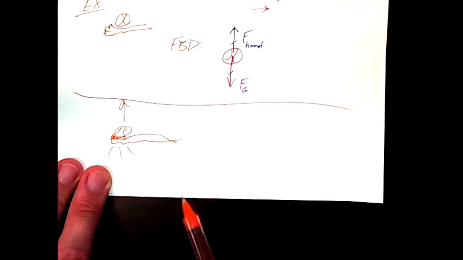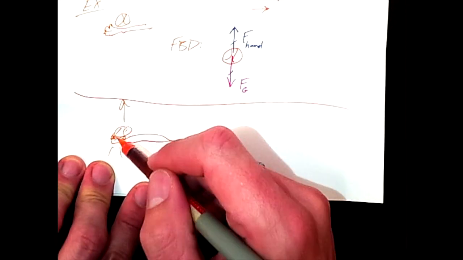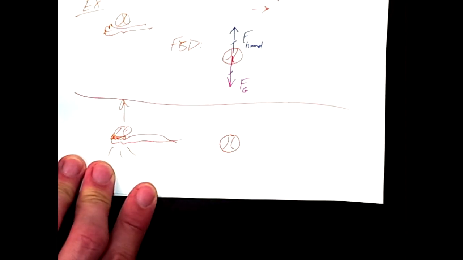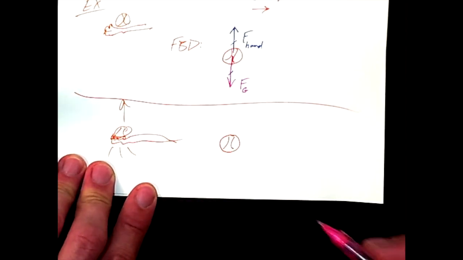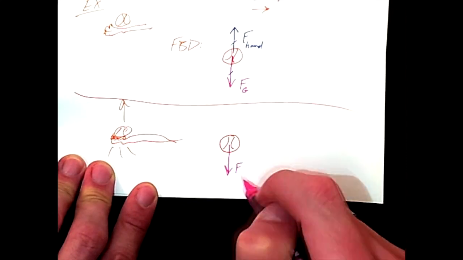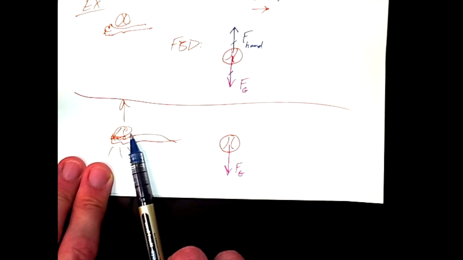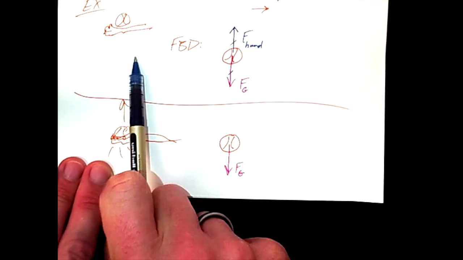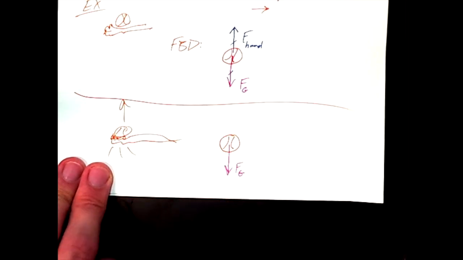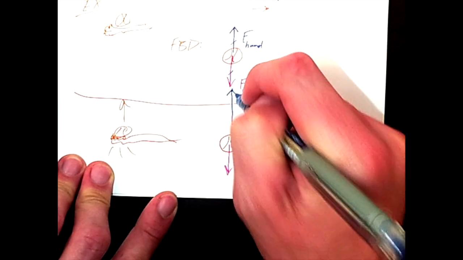In order for that to launch into the air, and I'm asked for the free body diagram of the baseball, I isolate the baseball, I draw solely the baseball, and then I look at the forces acting on it. In this case, the force of gravity is still there, F of g. But now I recognize from the scenario that the ball is accelerating upward because I'm throwing it, and so ultimately it is going to go upward. This is easily depicted by simply drawing the force of the hand higher.